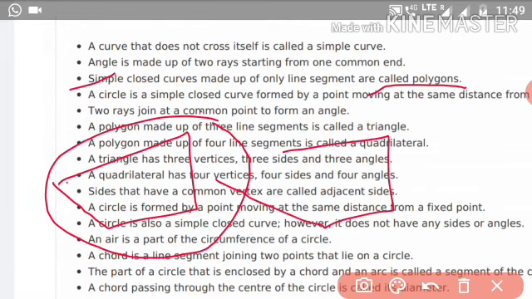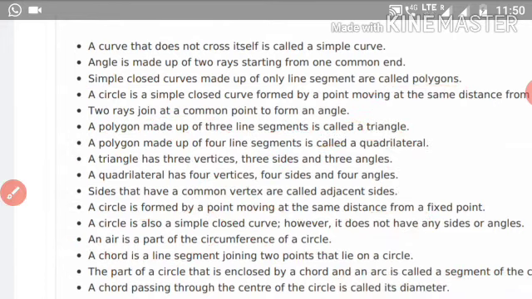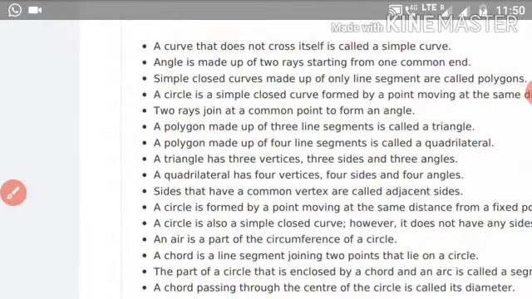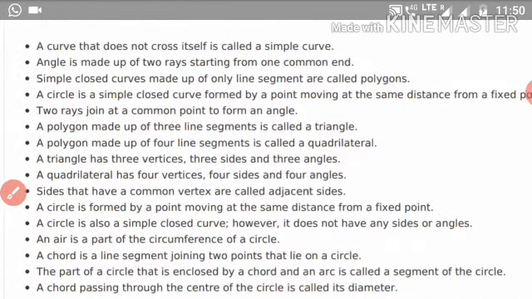If it is open like this, then this is not a polygon. A polygon should be closed. Any closed figure like this will be known as a polygon. Now come to the next point.